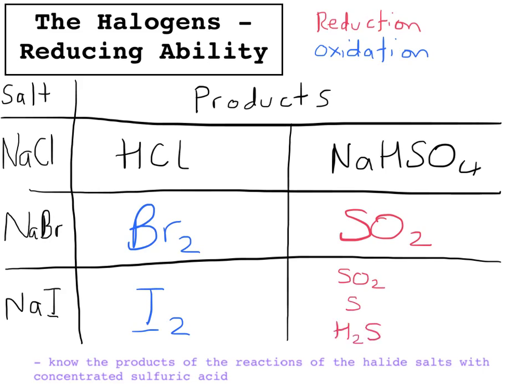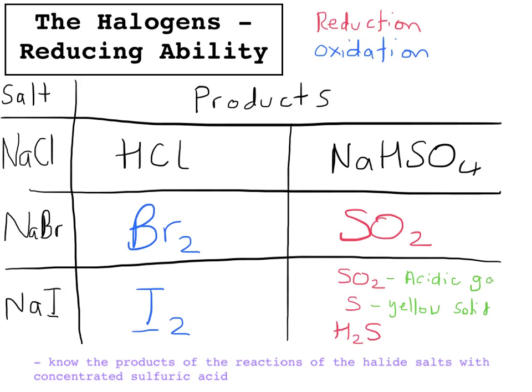And in an exam they may ask you for a specific one of those. So sulfur is a yellow solid, so they may say, give the solid reduction product of the reaction between sodium iodide and sulfuric acid. You've got to make sure you know. This sulfur dioxide is an acidic gas.